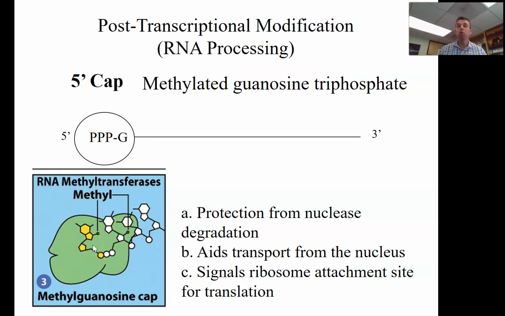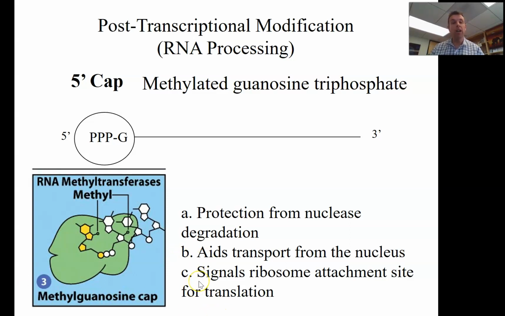So what you need to understand is that this backwards guanosine cap at the 5' end of our newly made mRNA protects the mRNA from nuclease degradation so that it has long enough to be read and made into protein during translation. It's also going to aid the mRNA in transport from the nucleus, to the ribosomes in the cytosol, where it can be translated into protein.